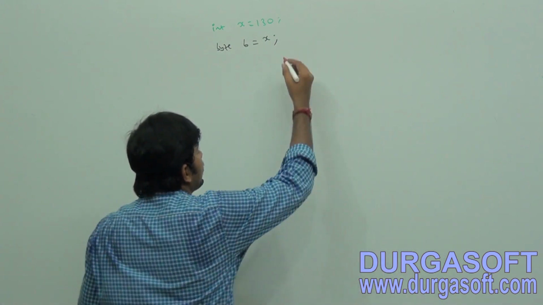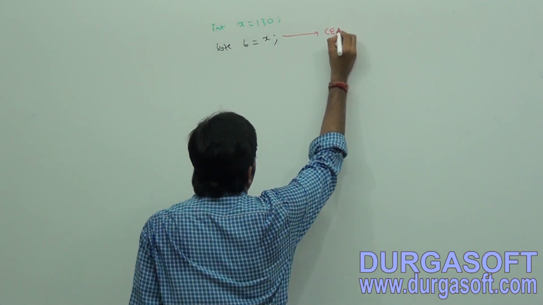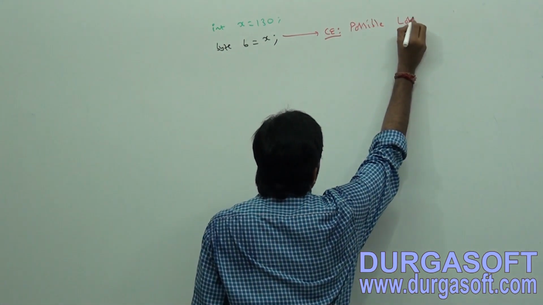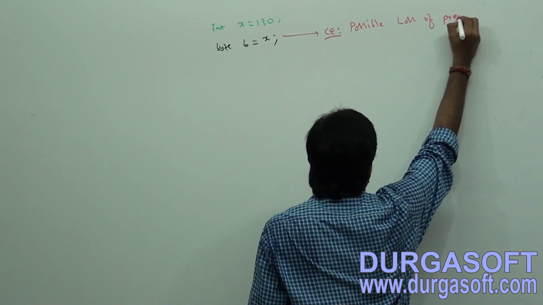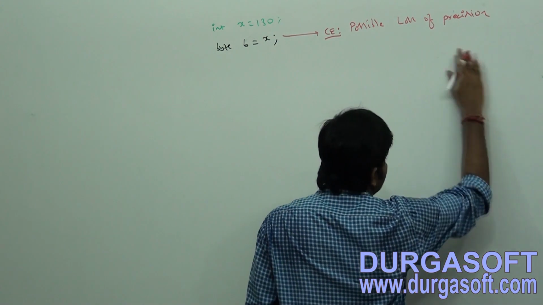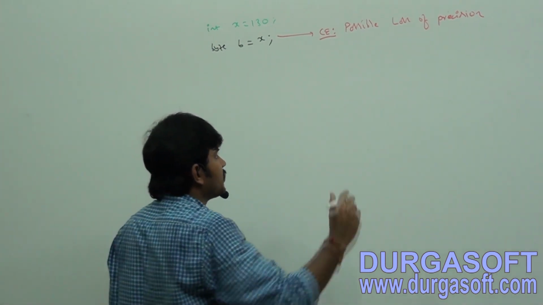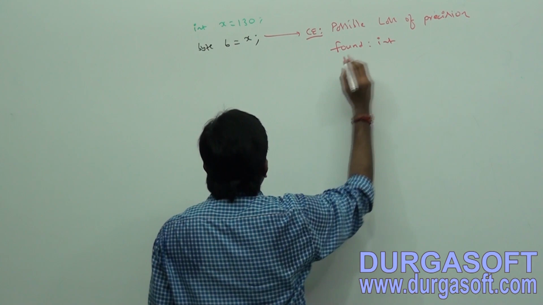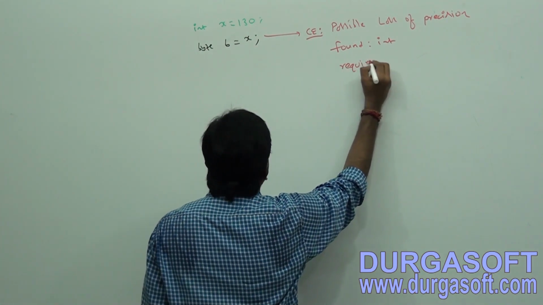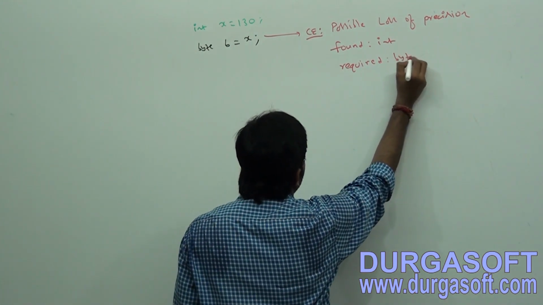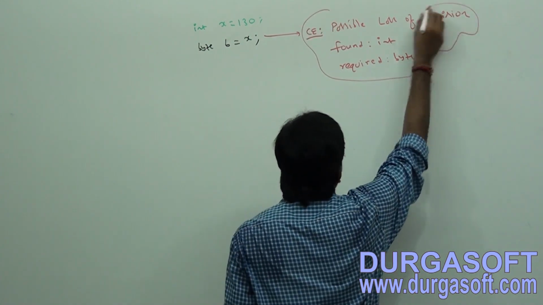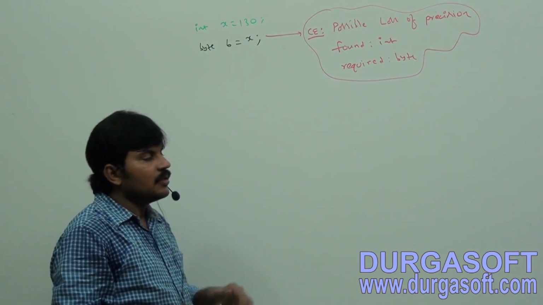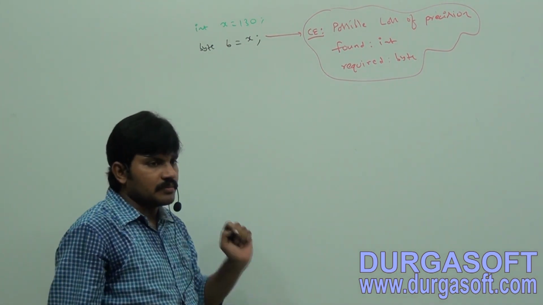The compiler immediately will raise a compile time error saying possible loss of precision. Found int, required byte. The compiler is telling very decently, there may be a chance of loss of information, I can't compile, so you are getting a compile time error.